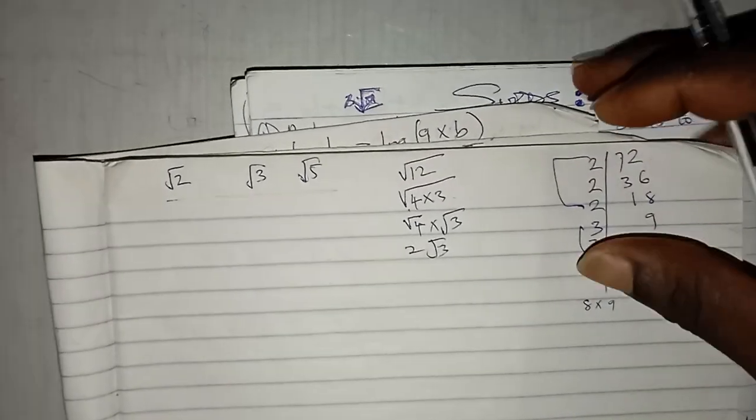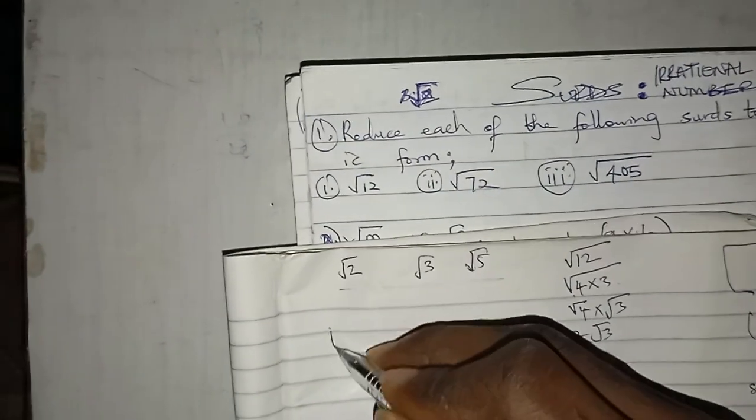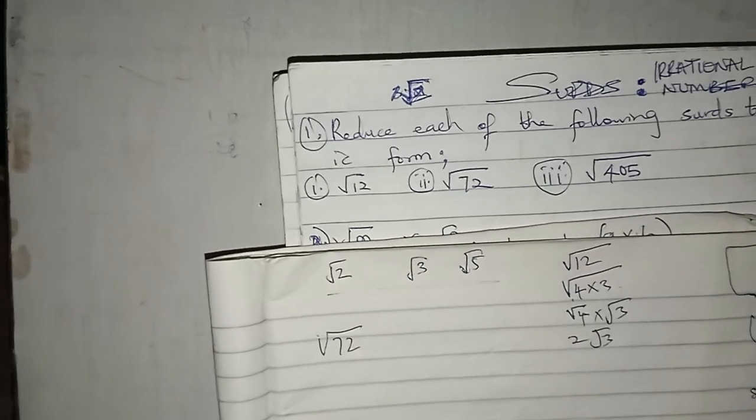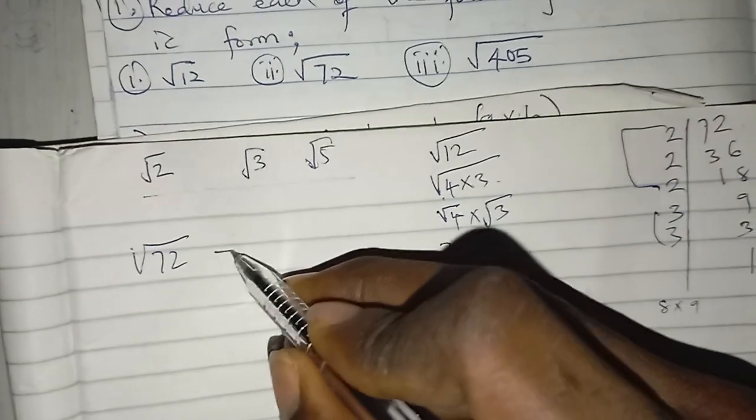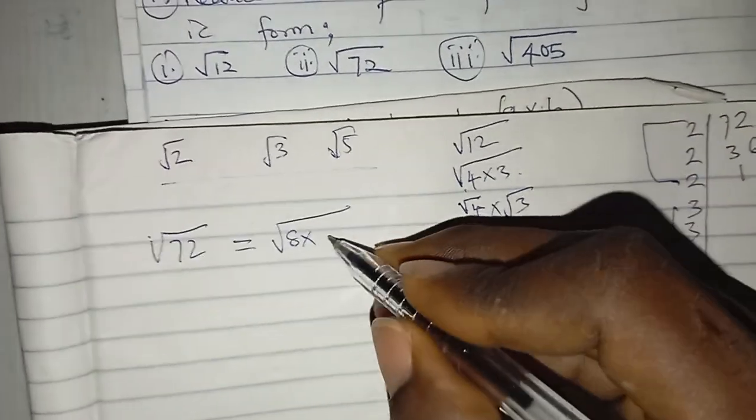So 8 times 9 gives me 72, which means that root 72 is the same thing as saying root 8 times 9.